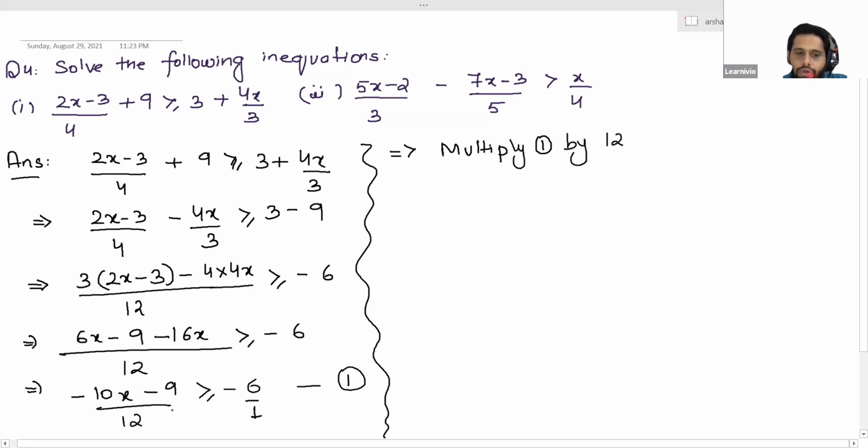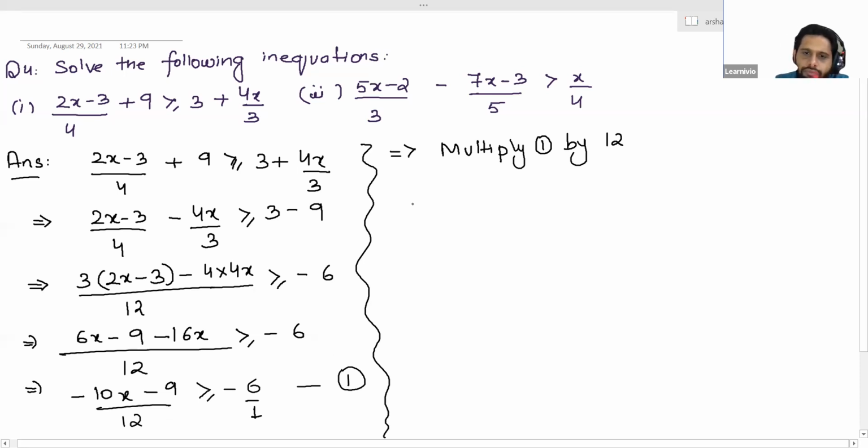Okay, Rishan, normally in equations we shift this 12 directly to the right side. But in inequation, I suggest you don't do this. There are certain chances that you can make a mistake. So if you need to remove this 12, then multiply the complete equation with 12. Is that okay, Rishan? Yes, sir.